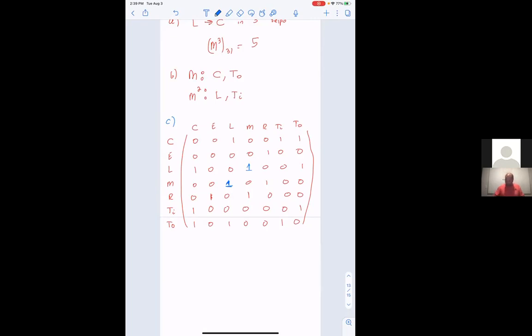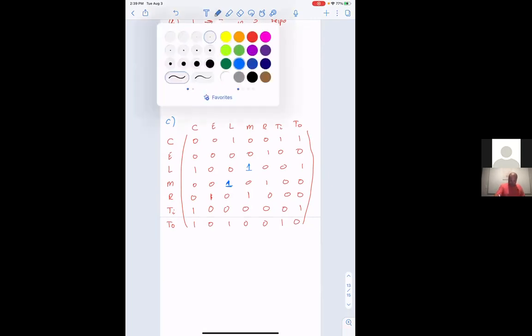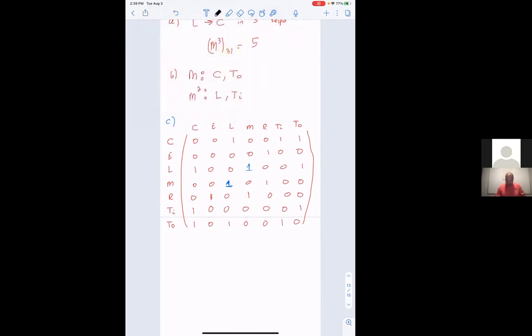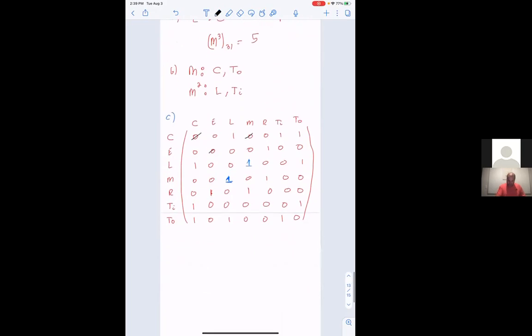So I'm going to go ahead and square it. I still have a bunch of zeros. So let's take a look. Still have a 0. So this is no longer a 0 after squaring. That's no longer a 0. In the second row, that's not a 0.